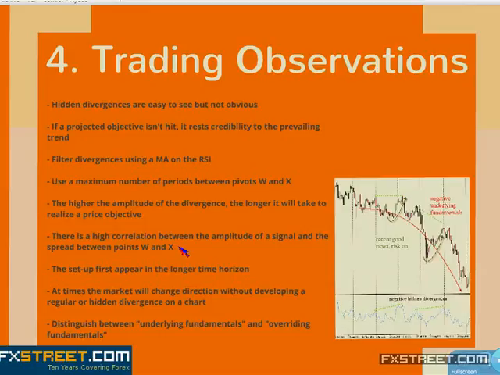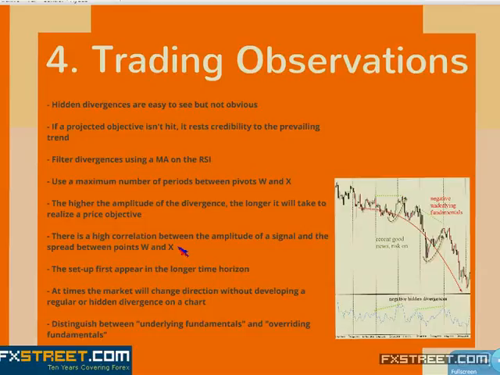The first setup that appears in the longer time horizon, you may use it as a first situation in order to consider finding the same setup in shorter time horizons. This sometimes happens not only with divergences.